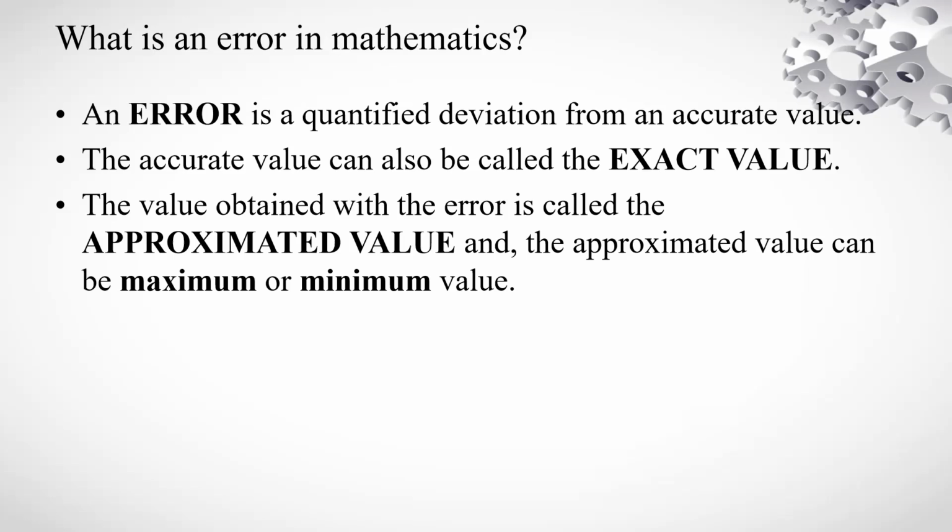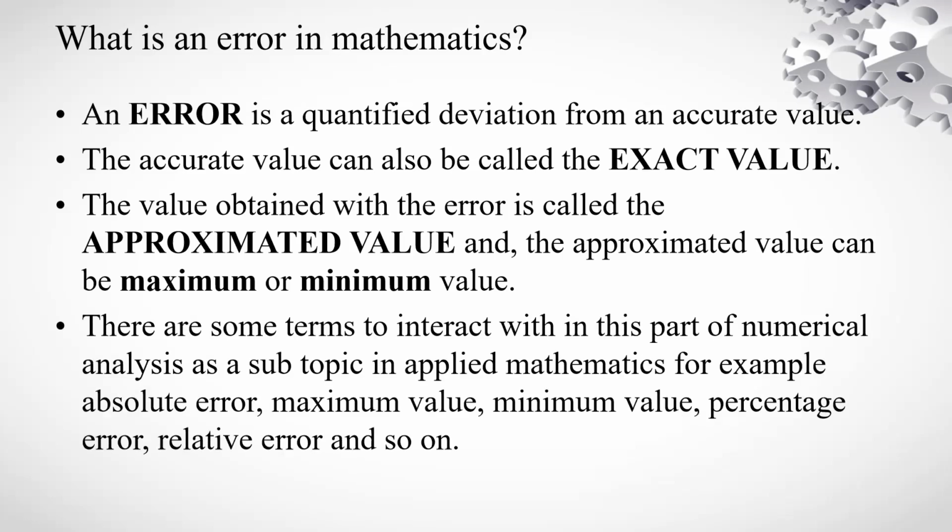Therefore, you may over measure or under measure, and that's how you obtain a minimum value or a maximum value. But each of those values is deviating from what we call the exact value or the accurate value. And when you obtain that deviation and it's quantified, that's what we call an error in mathematics.